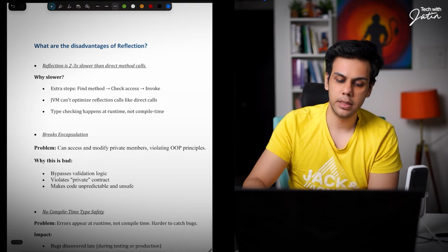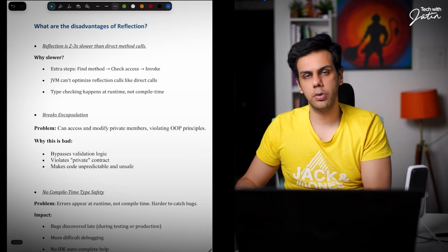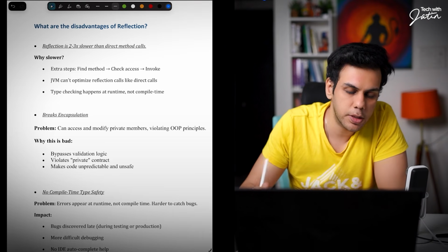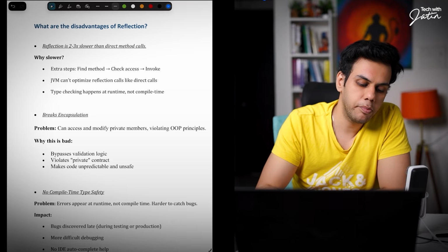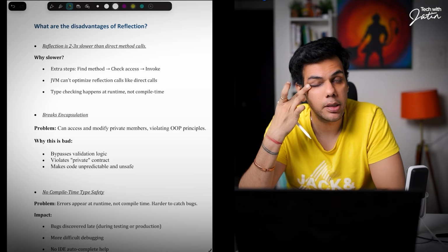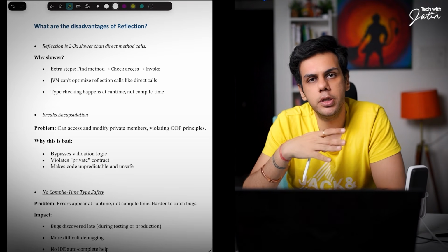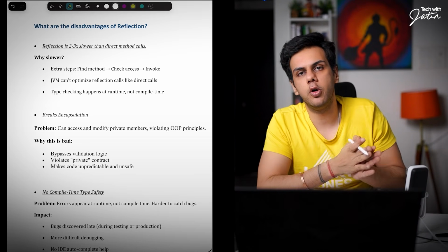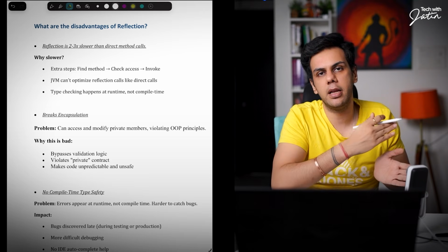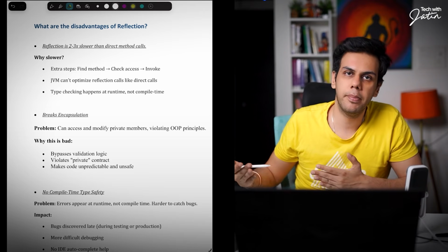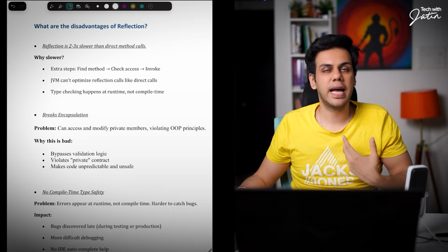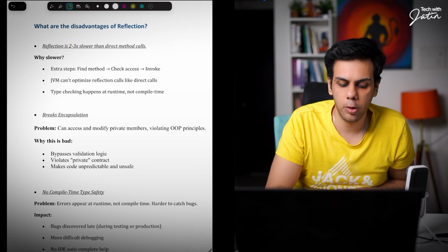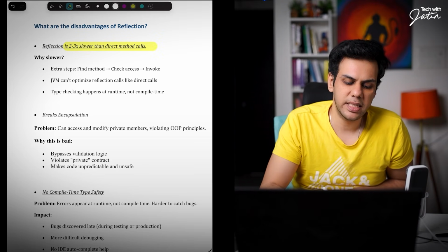Now, the final stuff. Reflection looks cool, but what are the disadvantages of using reflection? Just remember these points. The main thing is that reflection is going to make your entire execution 2 to 3 times slower. Compared to your normal object reference and then calling the methods, which is technically a better approach to call and access the methods and the fields, reflection is a little bit slower because there is an extra step.